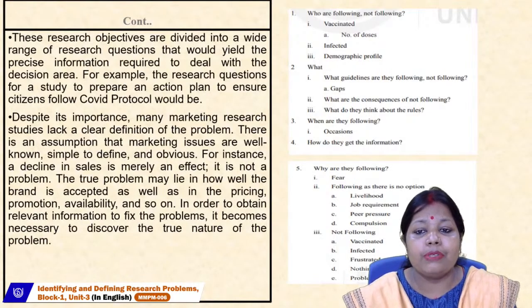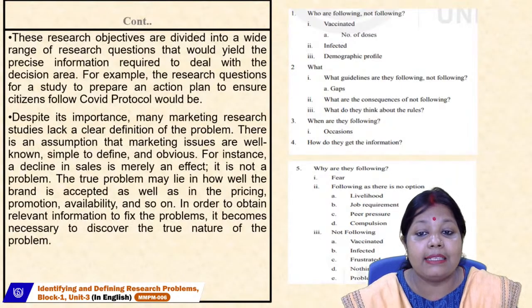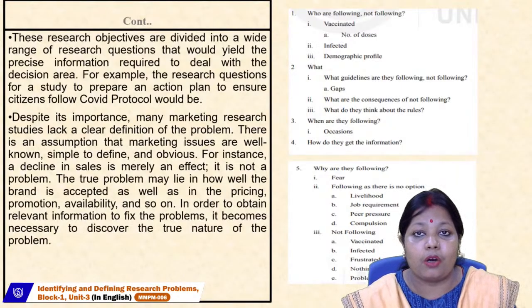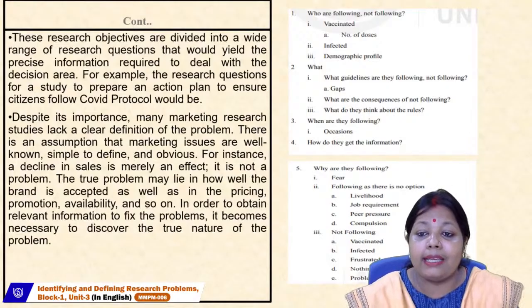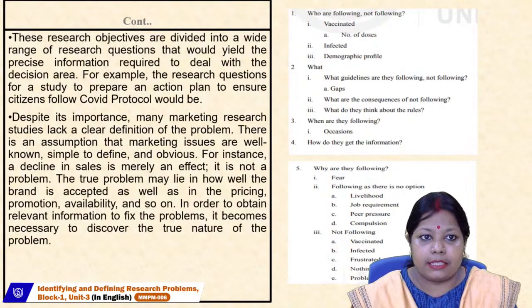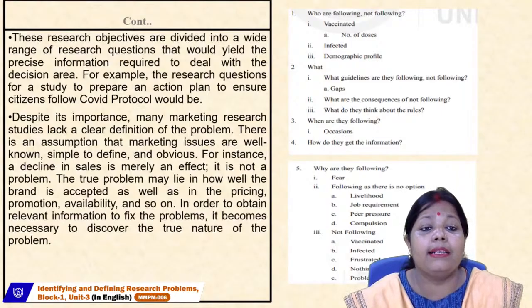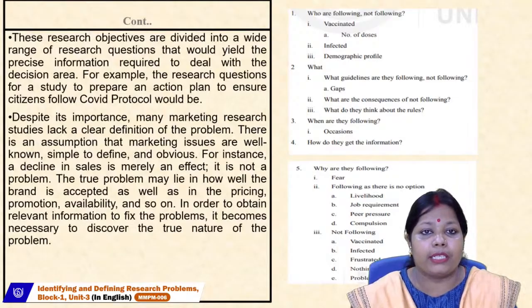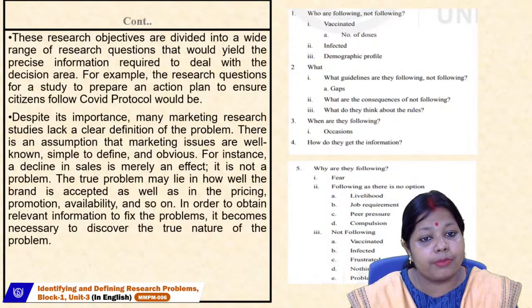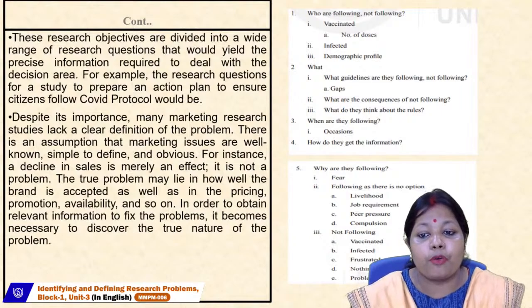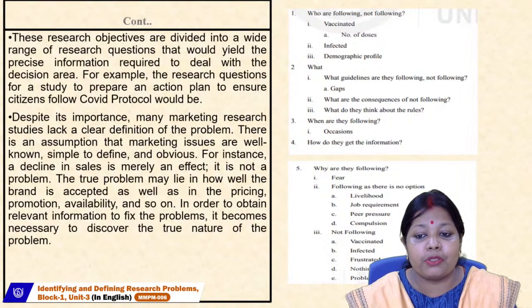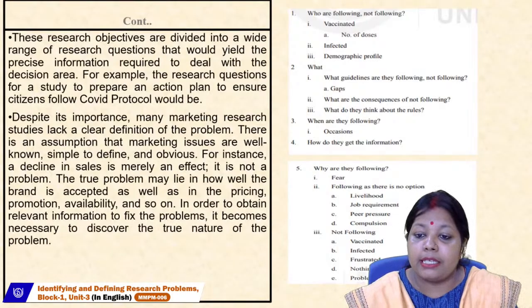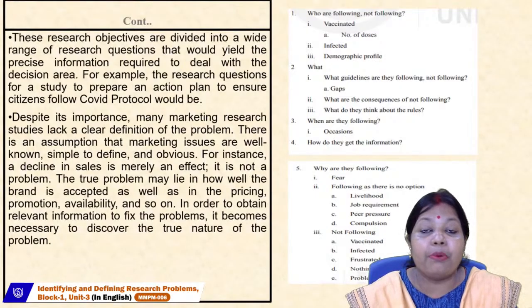Then the third question is: when are they following? When they are following, are they following on occasions or not? How do they get the information? If they are getting it, how are they getting it? Then the next is: why are they following? Are they following for the sake of fairness, or because there are no options, like livelihood options, job requirement, peer pressure, or compulsion?